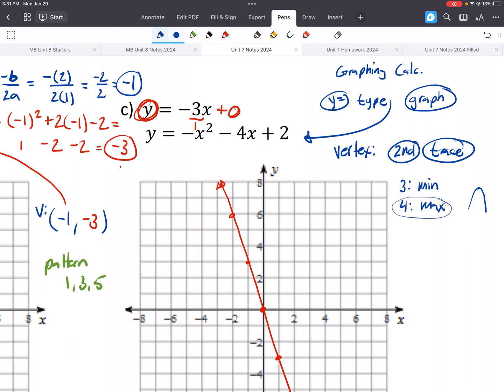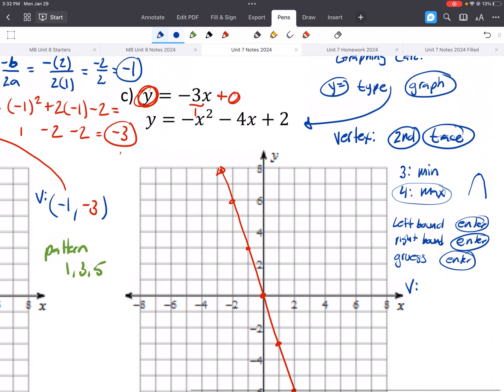And then it will give you the instructions: left bound, enter, you'll push enter, right bound, enter. So again, if you have more questions on that, we have this little cheat sheet that we used in the past, and then you would push guess, enter. And that would just give you your vertex. Okay, so you're welcome to do that.